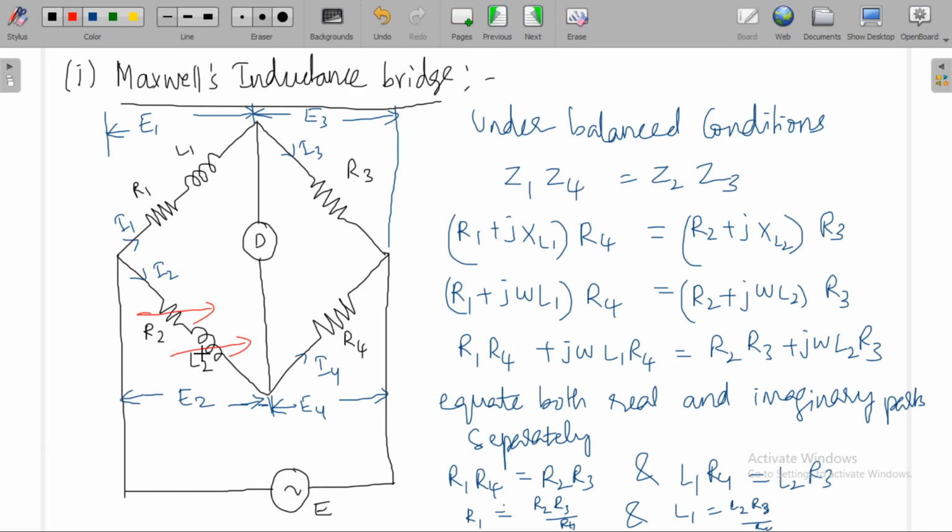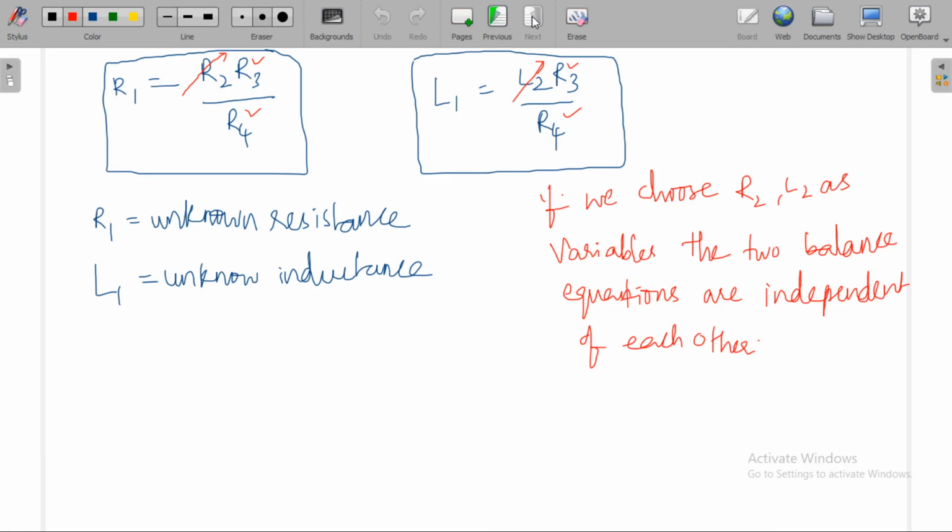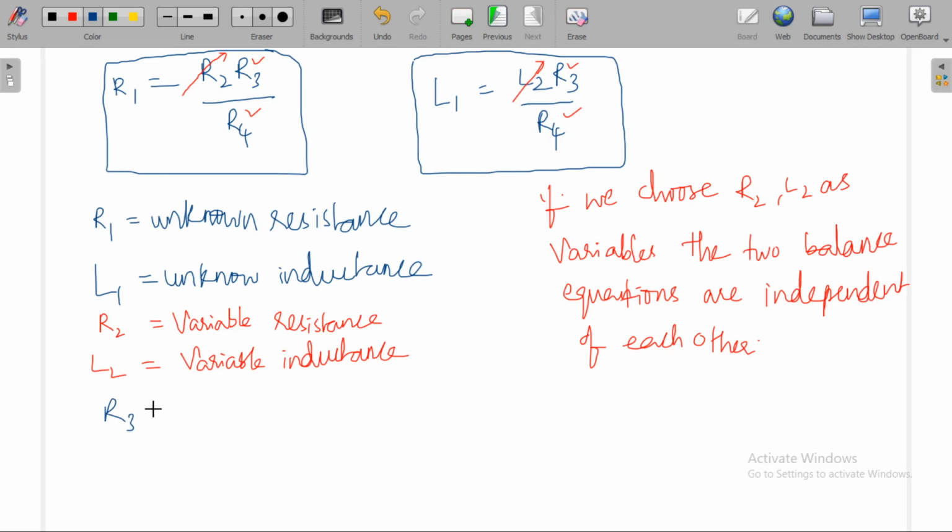R2 is a variable resistance, and L2 is a variable inductance. R3 and R4 are both known non-inductive resistances.